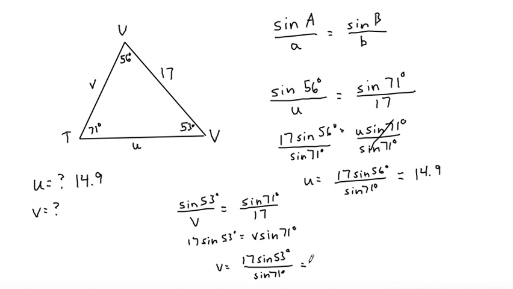And I get that to equal, rounding to the nearest tenth, 14.4. So my v side length would be 14.4.